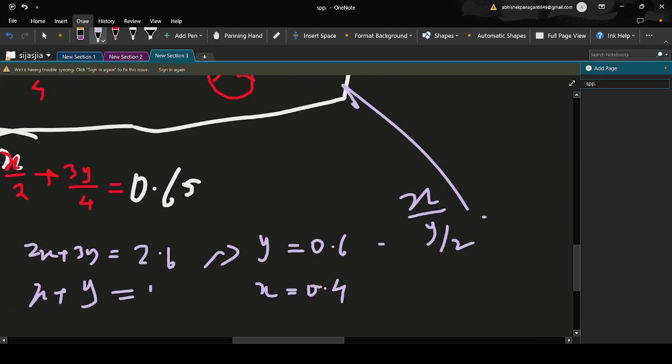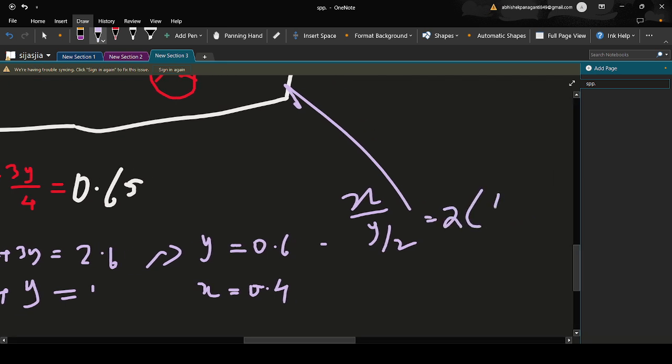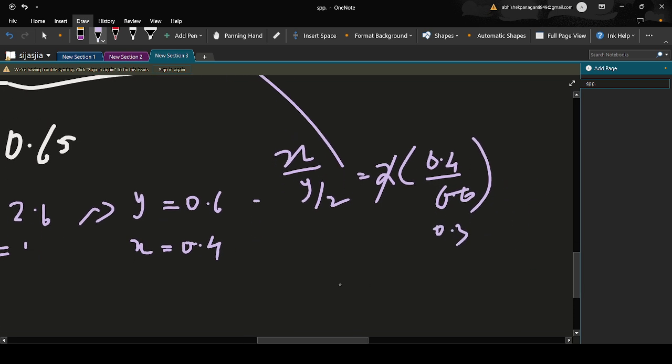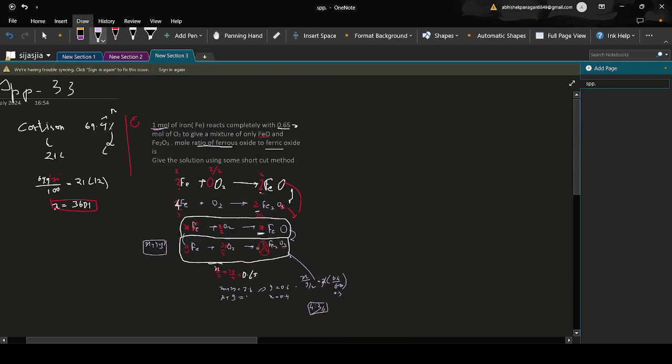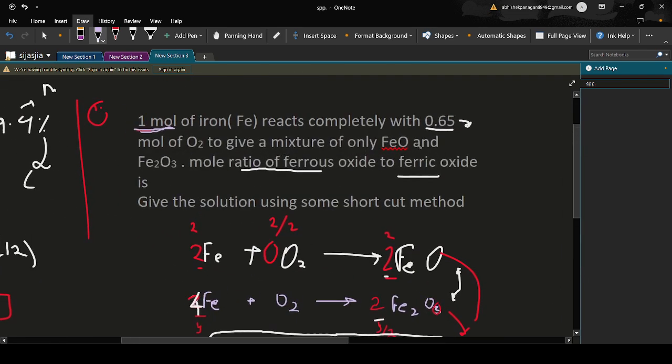So that is 2 into x by y, which is 0.4 upon 0.6. So we get 4 is to 3. The ratio is 4 is to 3, and that's the final answer. It's a pretty good question, so this is a good one.